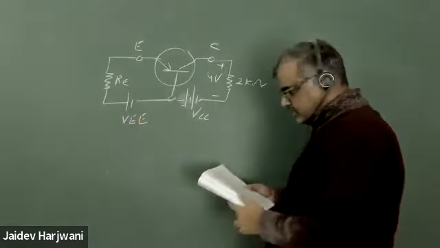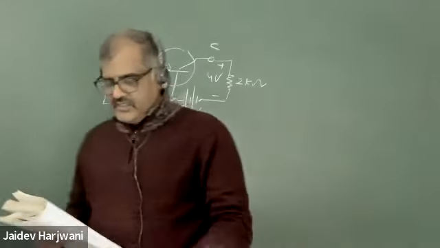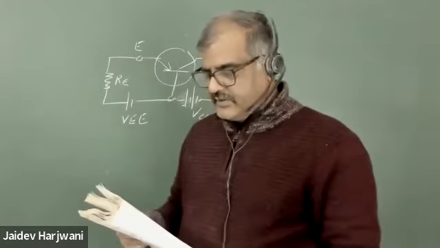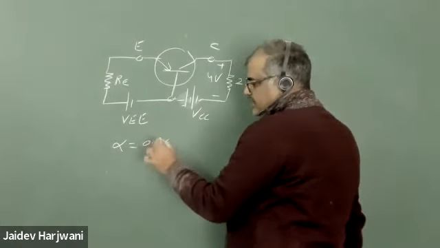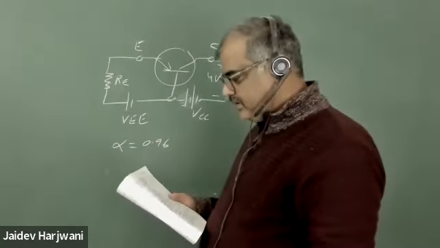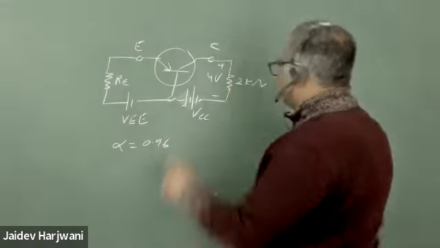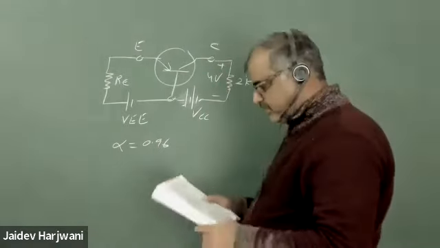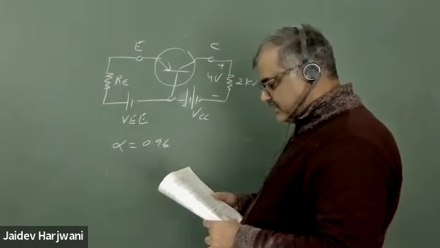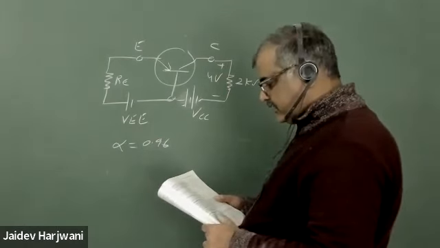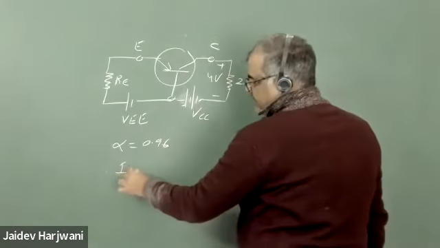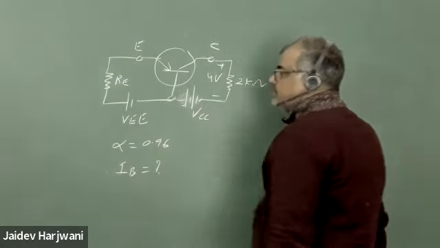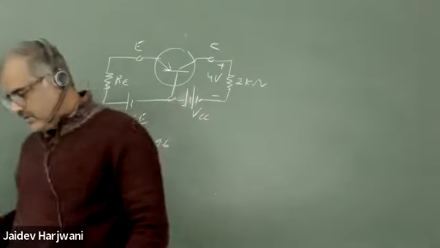So in this question it says that the DC alpha of the transistor in the circuit is 0.96. The voltage drop across this is given as 4 volt. So you are asked to find out the base current, IB.